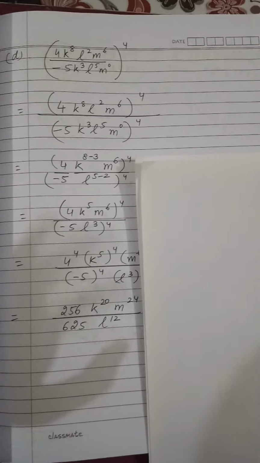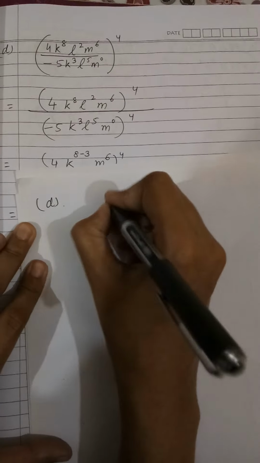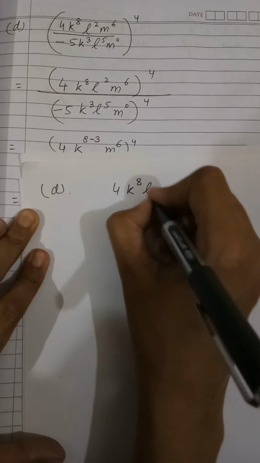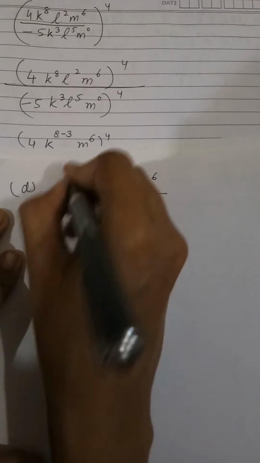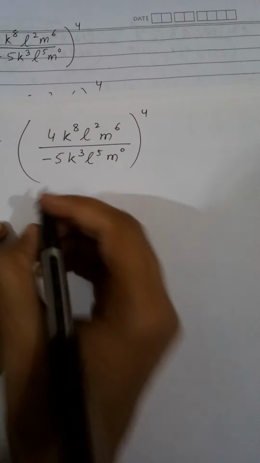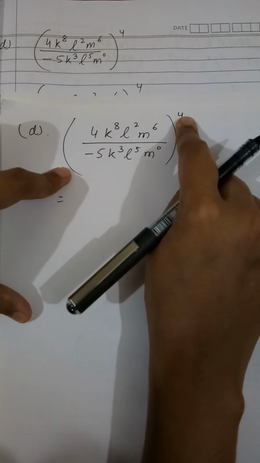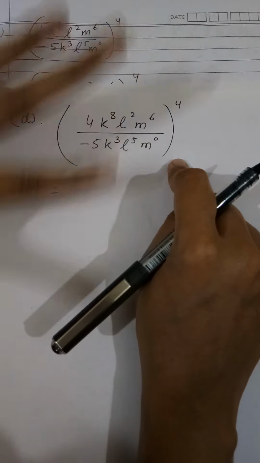Now again in this D part, the same concepts, some mixture of the laws we are going to use here. Look here: 4k to the power 8 L square m to the power 6 upon minus 5 k cube L to the power 5 m to the power 0, whole power 4. The very first step here is that this power is in combination, so I am going to separate the powers.